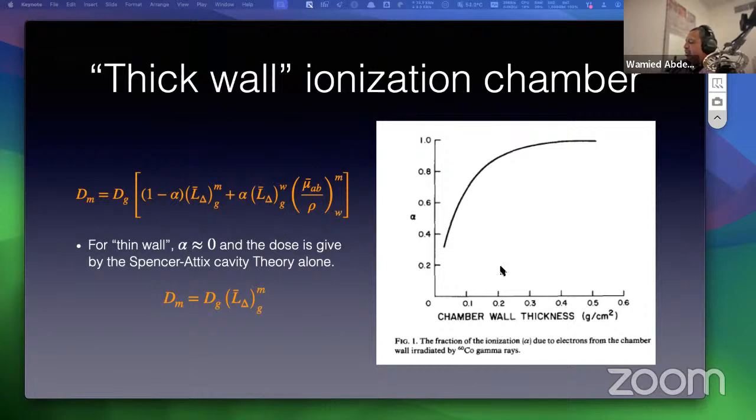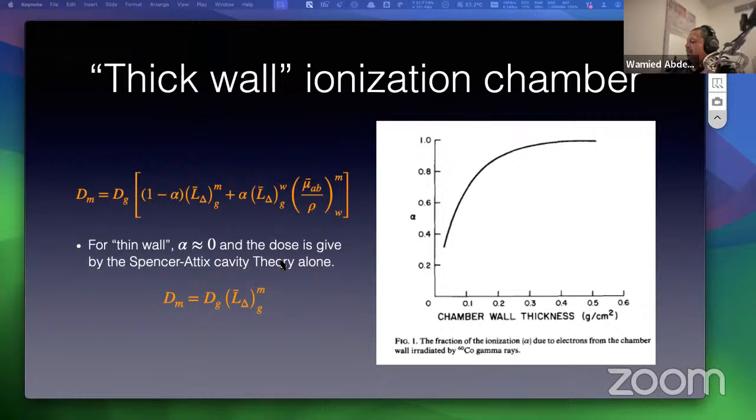The opposite scenario is when the wall is very thin. When the wall is very thin, this fraction is going to go to 0. And as this fraction alpha goes to 0, what happens? This part is going to be 0, and here we are left with the Spencer-Attix cavity theory alone.